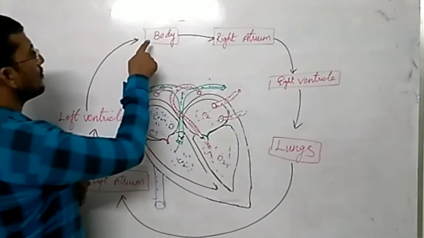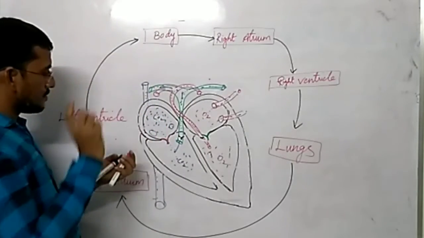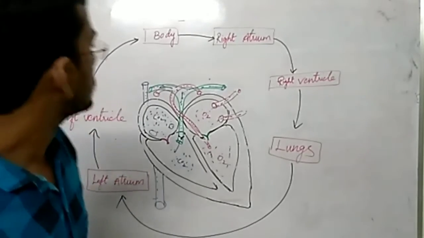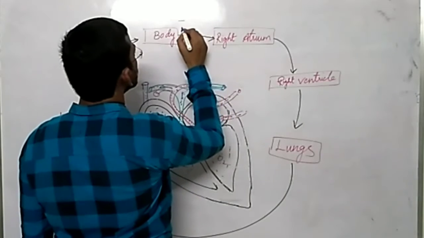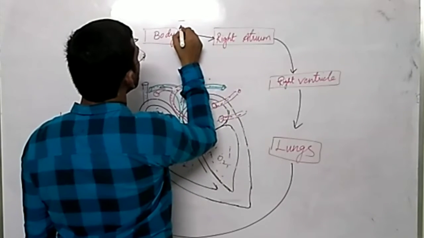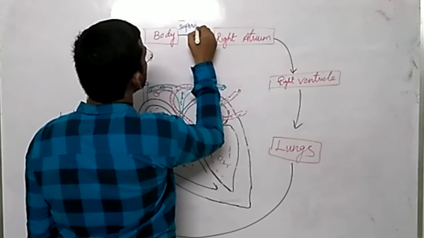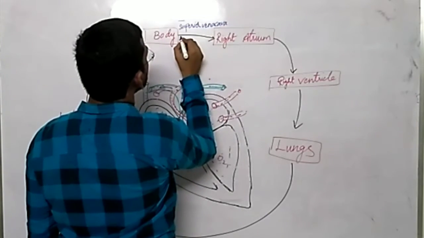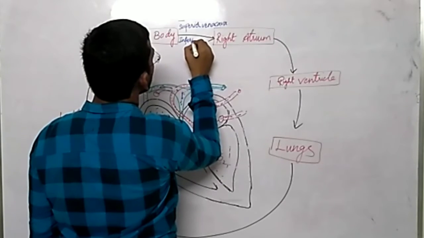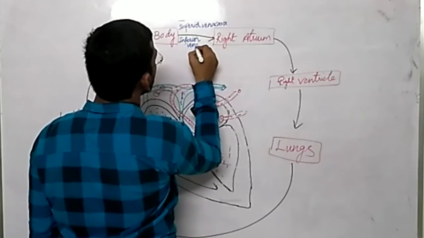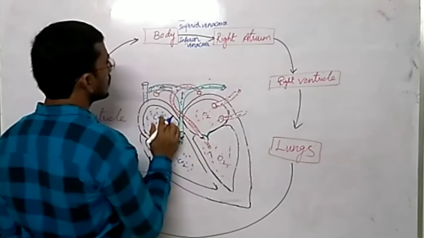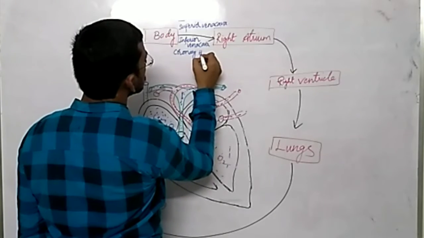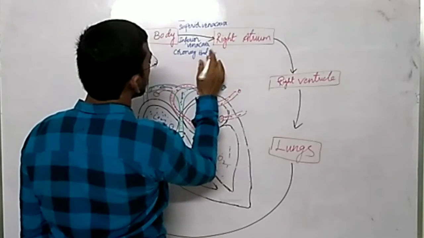So from body, three blood vessels will take blood to right atrium. Let us mention the blood vessels also here. So here, superior vena cava, then inferior vena cava, and coronary blood vessel.